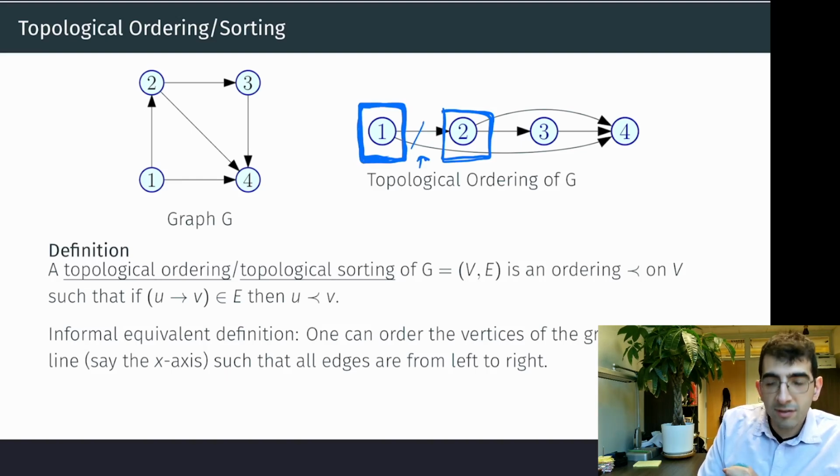When this gets added to the topological order, we don't care about this edge anymore because it is covered. So we lower the in-degree of all the vertices that 1 leads to, namely 2 and 4. And once an in-degree becomes 0, then we can add it to the topological sort.